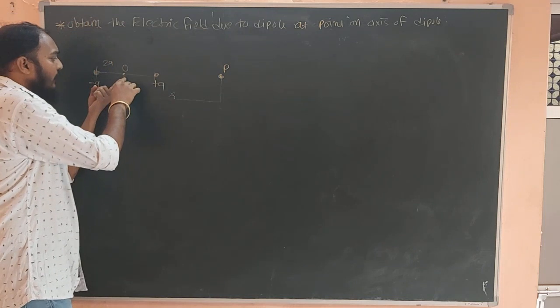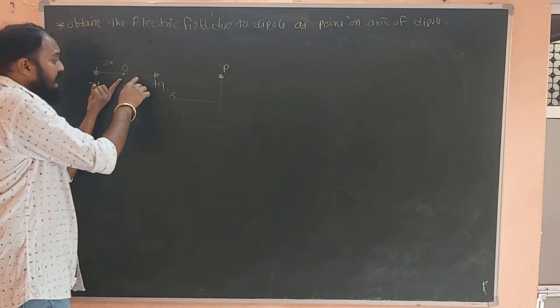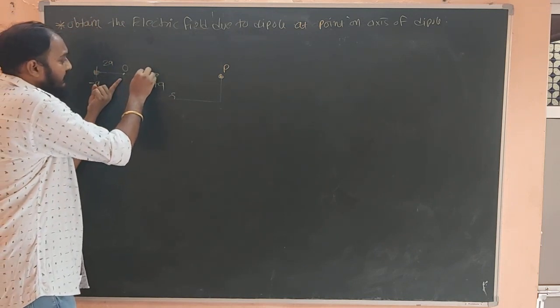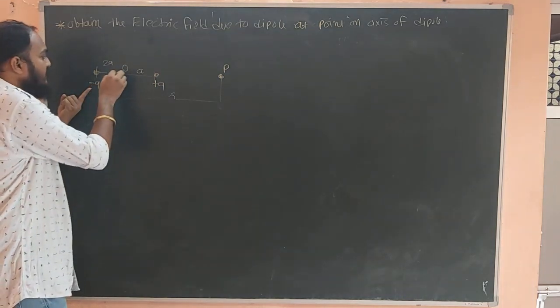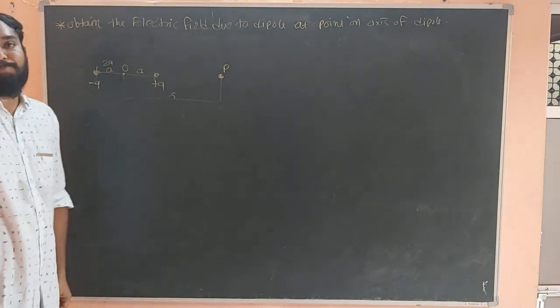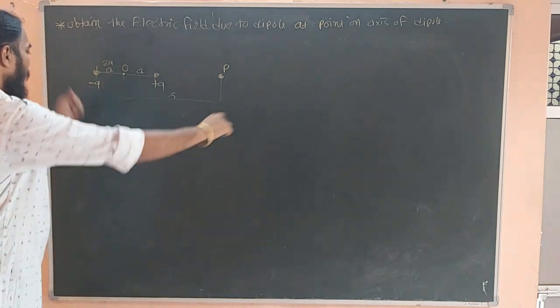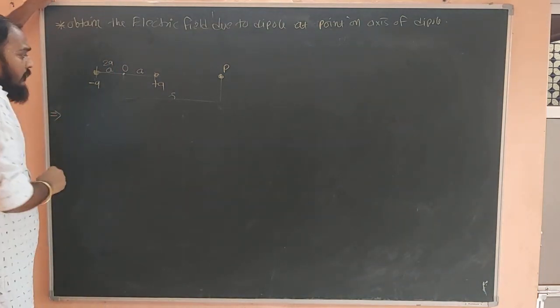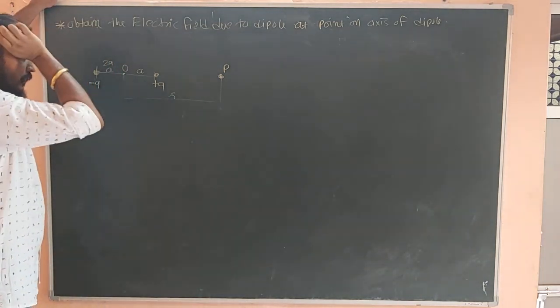If the center of the dipole is O, then the plus q distance will be a and the minus q distance will be a. Now let us write.